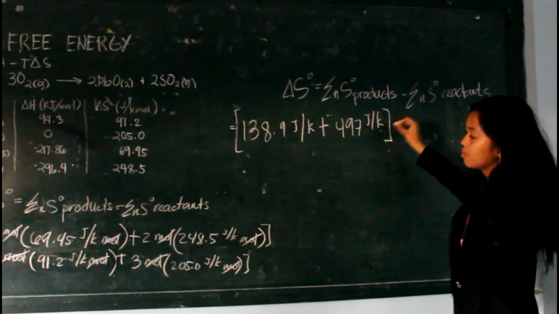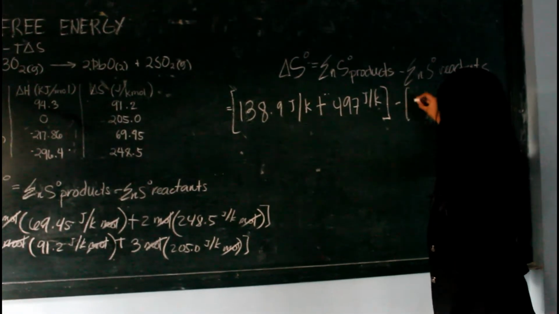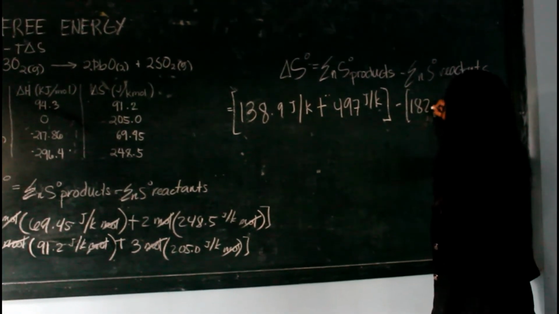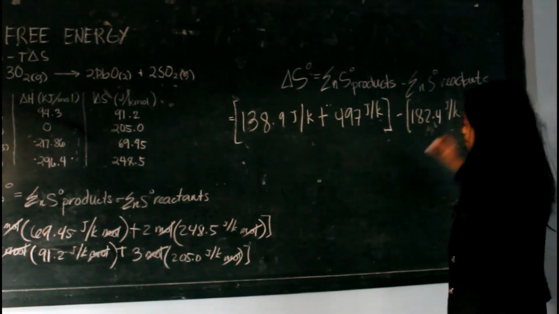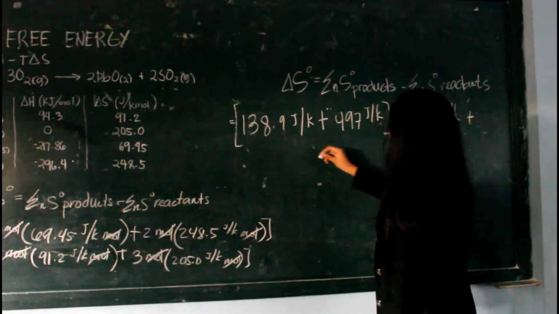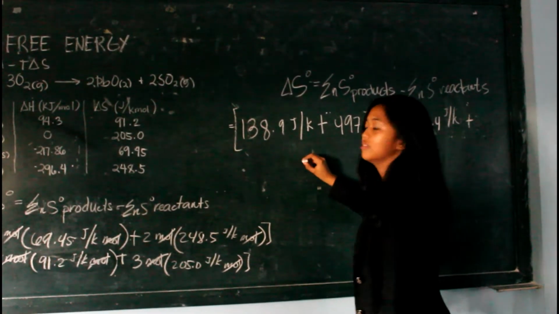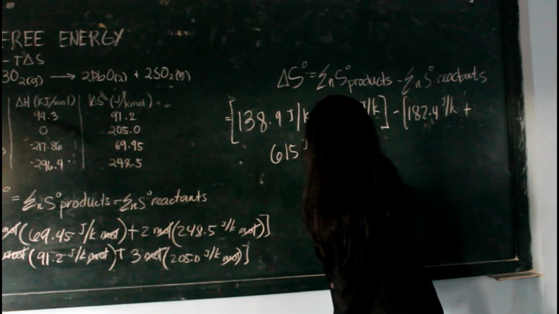Minus 2 moles times 91.2 is 182.4 joules per Kelvin. Plus 3 moles times 205.0 is equal to 615 joules per Kelvin.